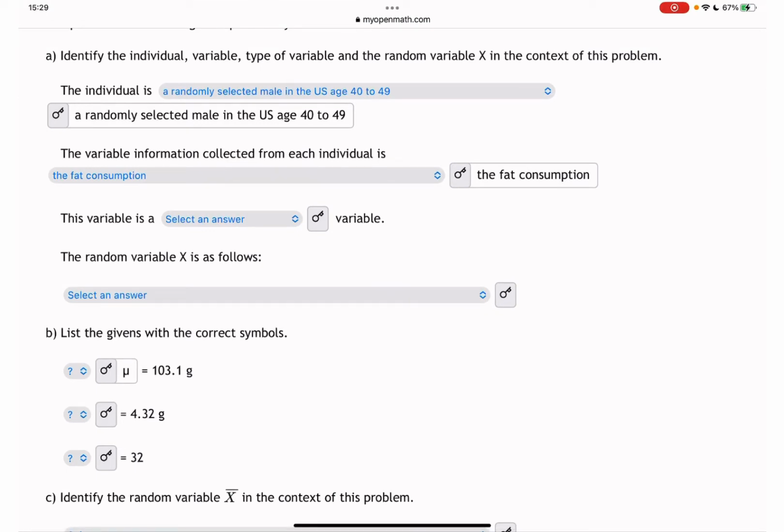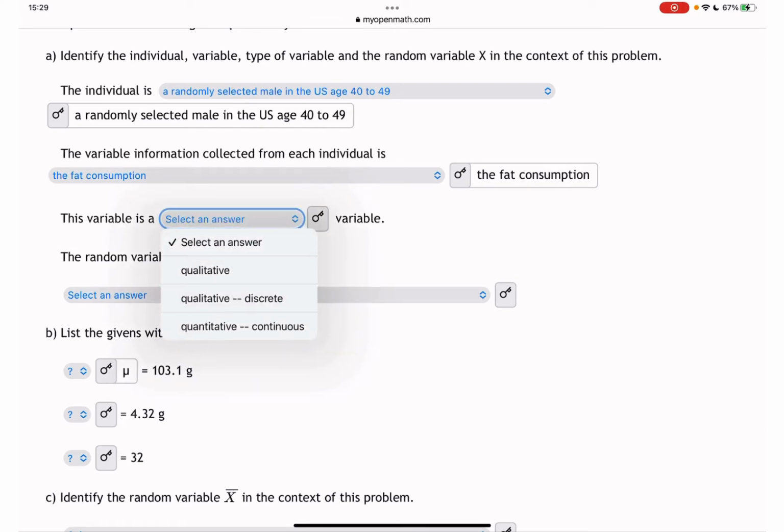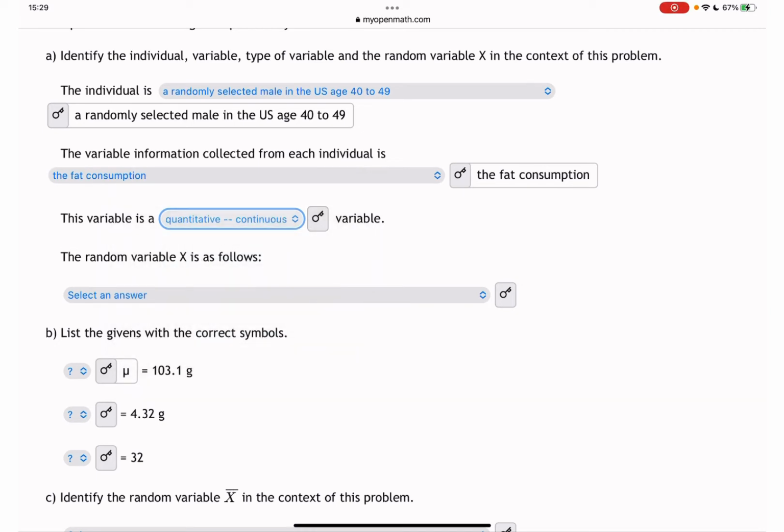And the variable is going to be, I would say, quantitative continuous, because the fat can be any gram, right? So we are good.